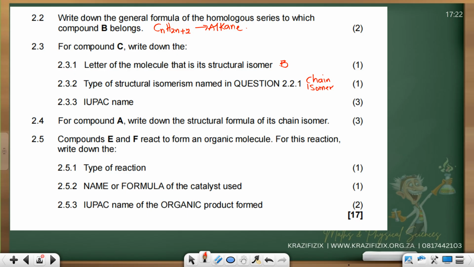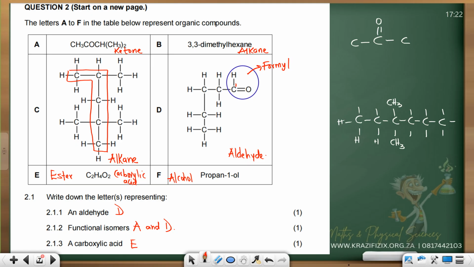All right. IUPAC name of compound C. Oh, great. I'm sure you guys did this, right? So what's the name? 2? Are you sure? Come, let's check. Give me the names that you have. I don't think you're correct. Guys, come. Share the IUPAC names that you have.